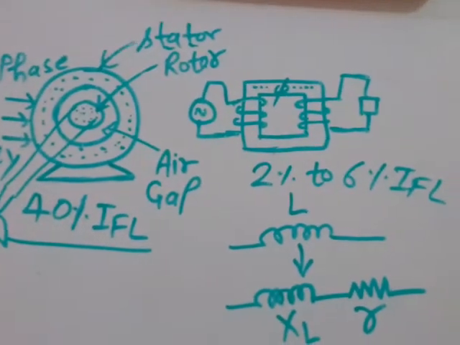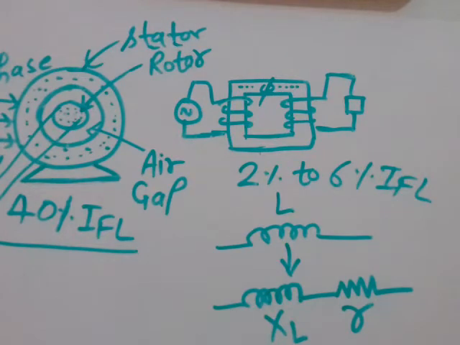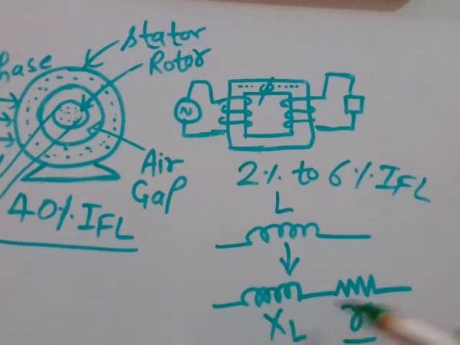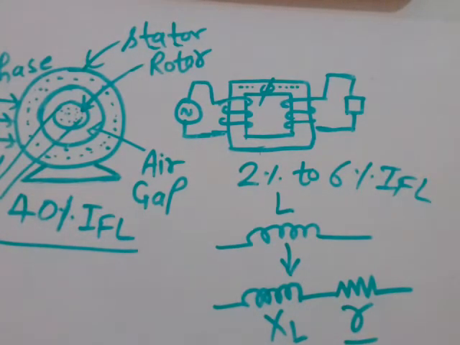You know that no inductor is a pure inductor. In electrical technology you might have studied this. So some small resistance of the winding is also there. XL is the inductive reactance, XL equals 2 pi fL. So we will represent the windings of the stator and rotor by this electrical equivalent, R in series with XL. Now with this information we will derive our equivalent circuit of the three-phase induction motor.